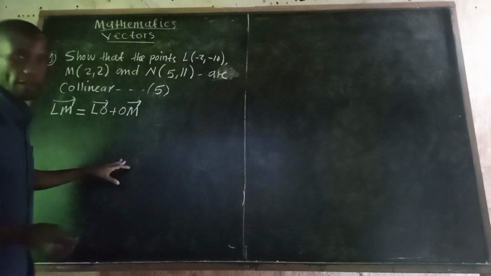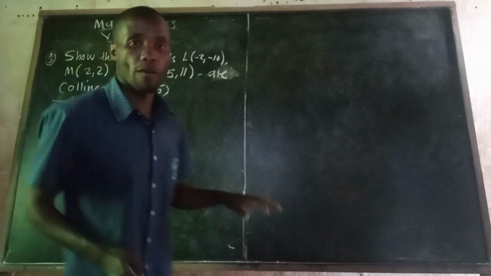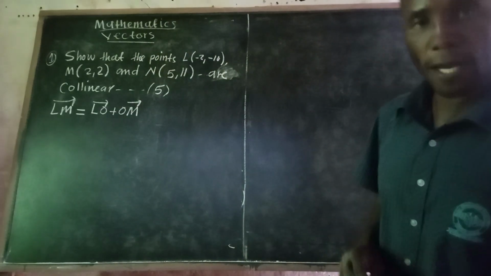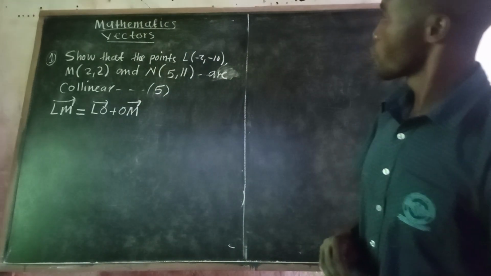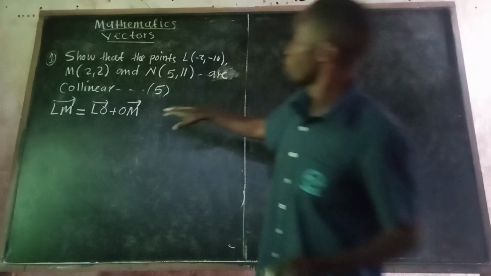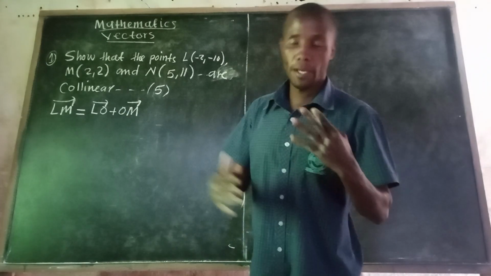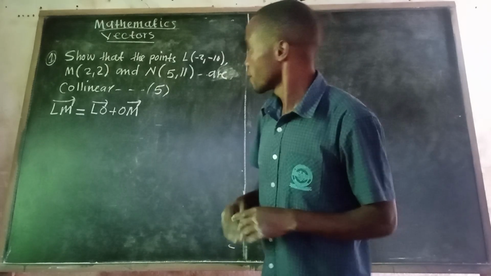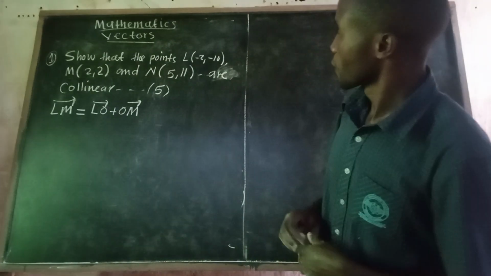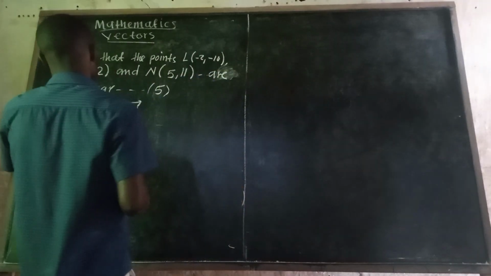So this is the triangle law of addition. Those of you who have been following me on my YouTube channel, I'm sure I did explain more on how the movements are done when we are finding the vector. So here, this is how we are going to move.